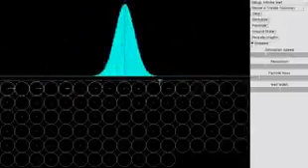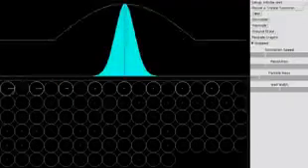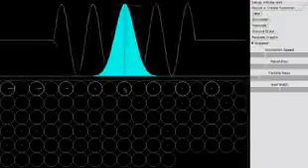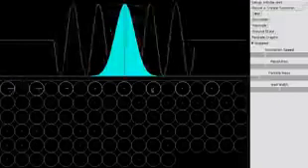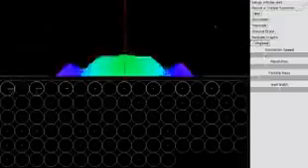So this is sort of our initial conditions, and the simulation has automatically figured out, well, I want this much, I want a lot of the ground state, psi 1, a lot of psi 3, a lot of psi 5, a lot of psi 7, a little bit of psi 9, a little bit of psi 11, etc. And if I play this, I'm going to slow this down a little bit first.